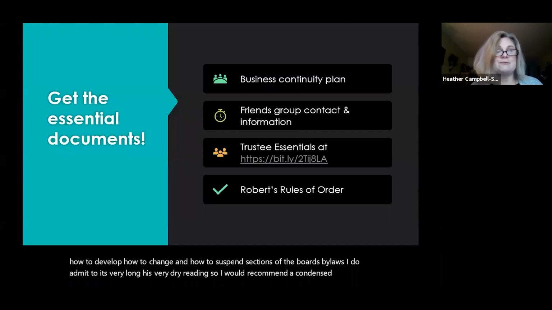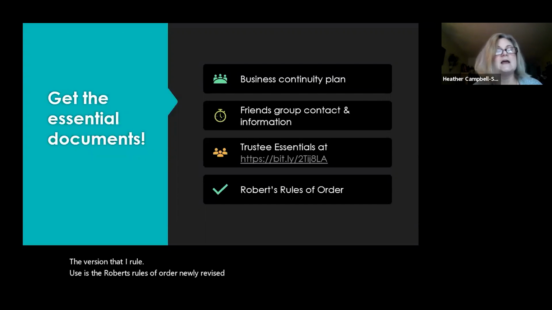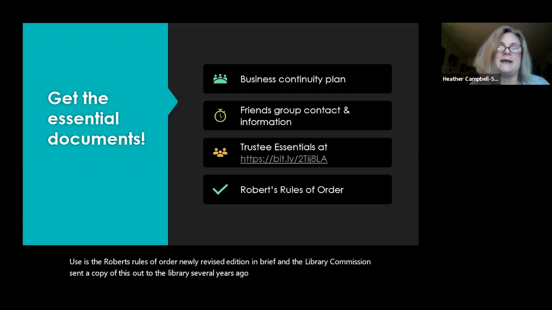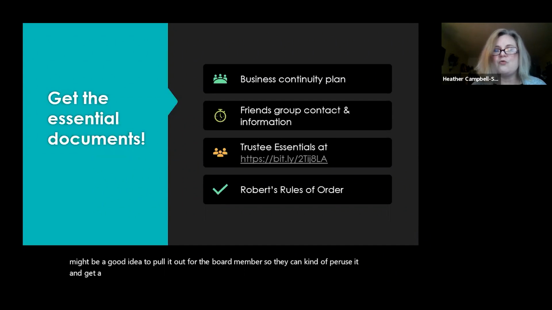The version that I use is the Robert's Rules of Order Newly Revised, In Brief. And the Library Commission sent a copy of this out to the library several years ago. So if you still have that copy, it might be a good idea to pull it out for the board member so they can peruse it and get a good understanding of what Robert's Rules ask of us.